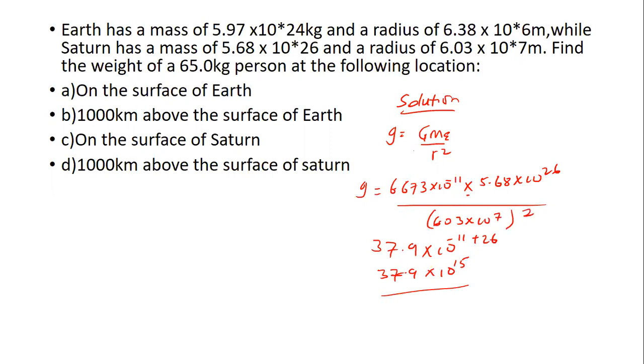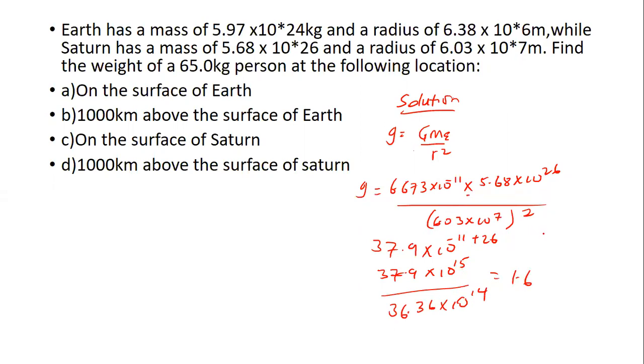So you're going to break this up. 6.03 squared is going to give you 36.36 times 10 raised to the power 2 times 7, 14. So you're going to subtract the powers later. So you would say 37.9 minus 36.3 is going to give you 1.6.